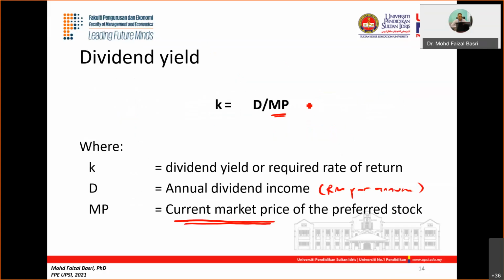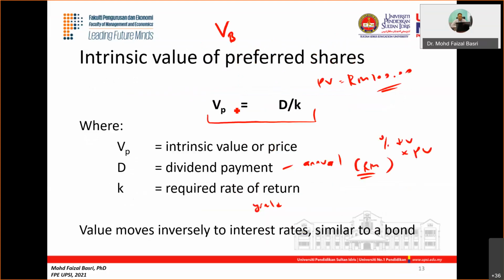Again, if you cannot remember or you think it's too much formula you need to memorize, you can use this formula juga sebenarnya. Okay, cuma you substitute je lah. Okay, the K will be at the back here, whereby the unknown will be the K, but the price and the dividend is from the question.